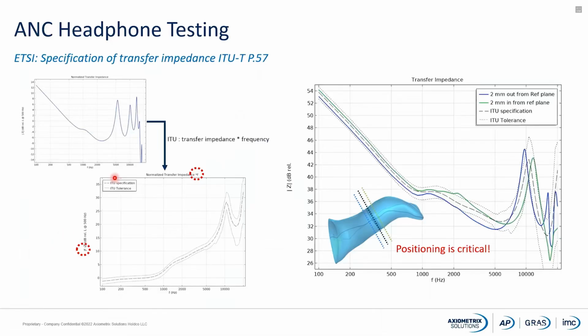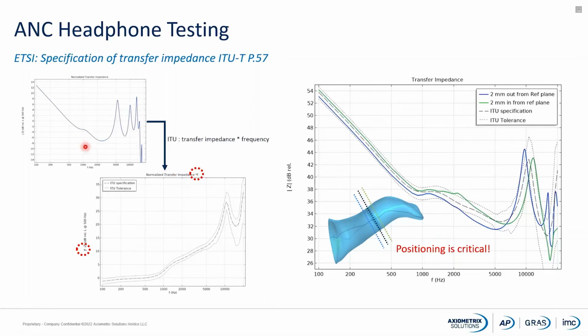If you're familiar with how to specify the transfer impedance of artificial ears, you will be familiar with these types of transfer impedance curves. In this case, the information I'm displaying is the same, but it's displayed in a different way.